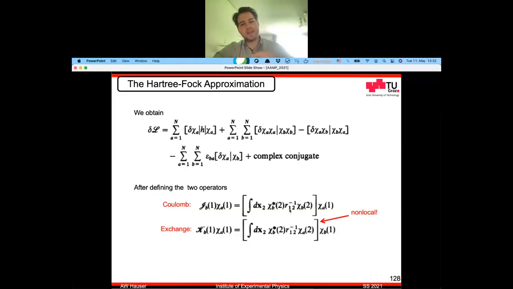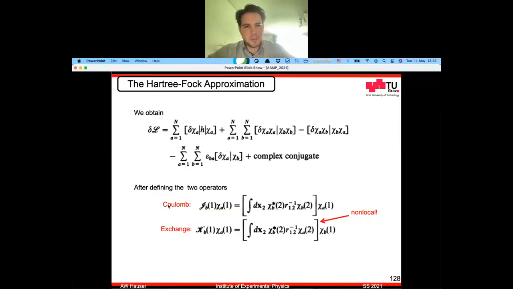No, but this is still a good question because it's good to point this out. So thank you for that. So that explains the one here, right? So this would be the Coulomb operator for describing the contribution to the electronic interaction that stems from the interaction of just the electron in orbital B with the electron in orbital A.